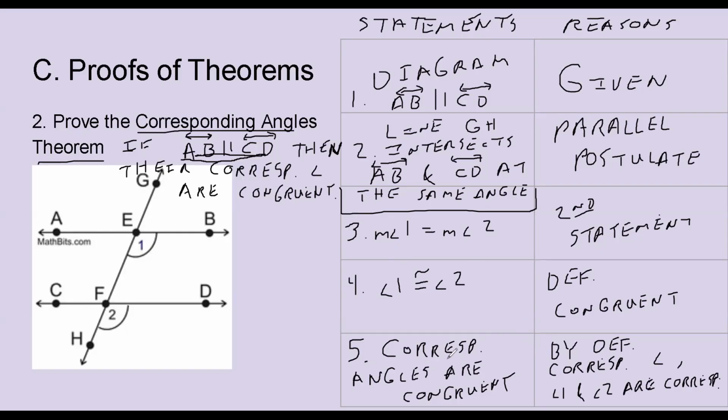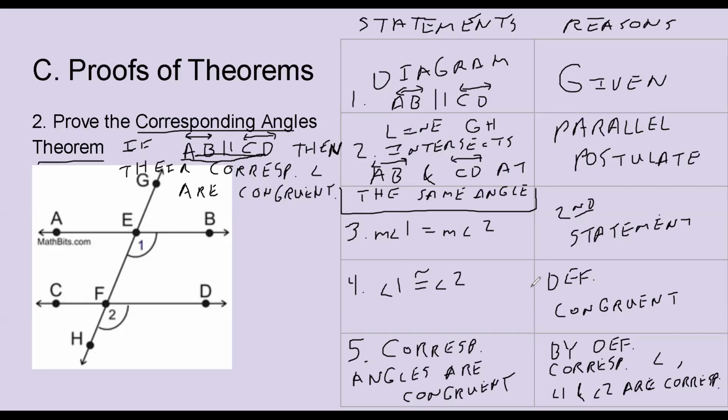Okay, so that is a proof of the corresponding angles theorem: given two lines are parallel, since the lines are parallel, a transversal GH is going to intersect them at the same angle according to the parallel postulate. It follows from that then that angle 1 and angle 2 have the same measure.